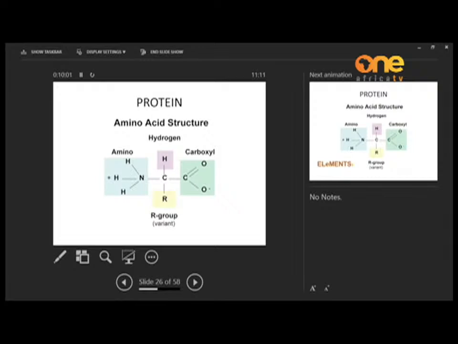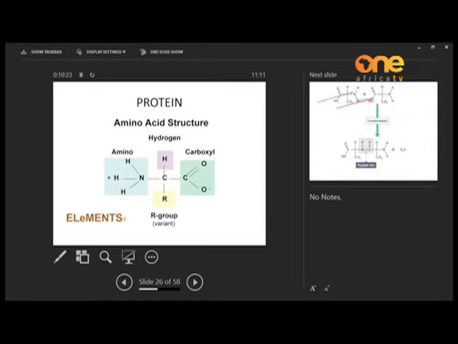If we look at the amino acid, we see on the one end an amino group, NH2. On the other part, we see a carboxyl group, COOH actually. That is important to understand.